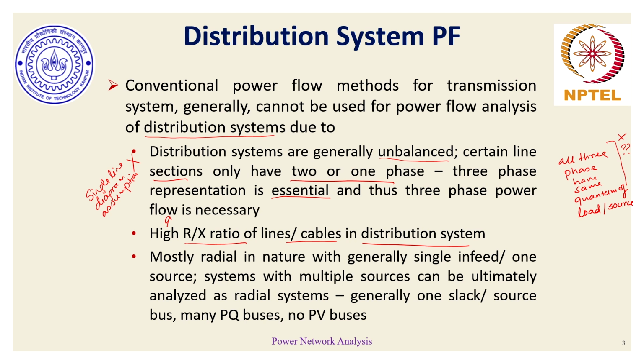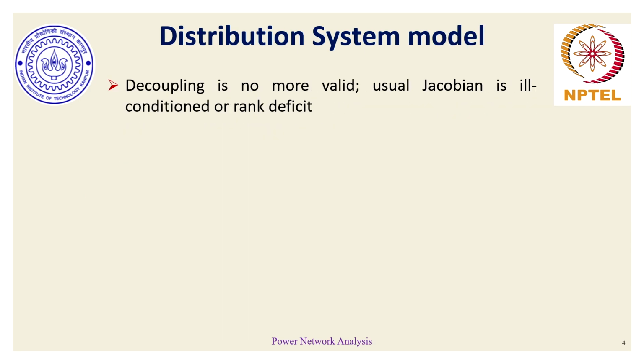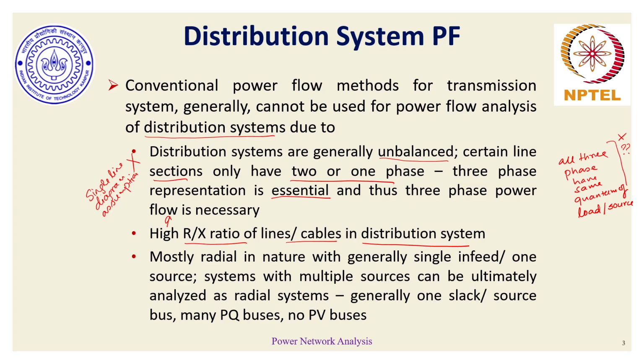The number of cross-section windings and composite conductors may be different for different networks, but the conductor type remains more or less the same as in the transmission network. So the question is, if the conductor type remains the same, why is this R by X ratio different? It is low in transmission and high in distribution.